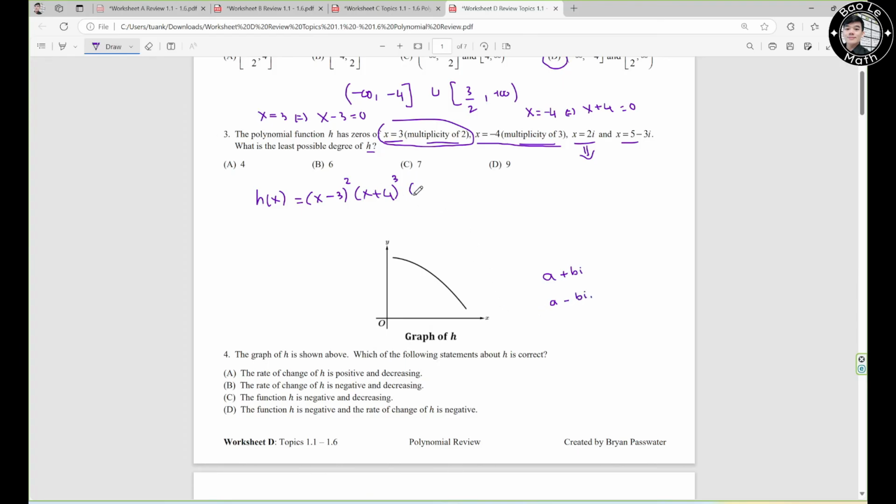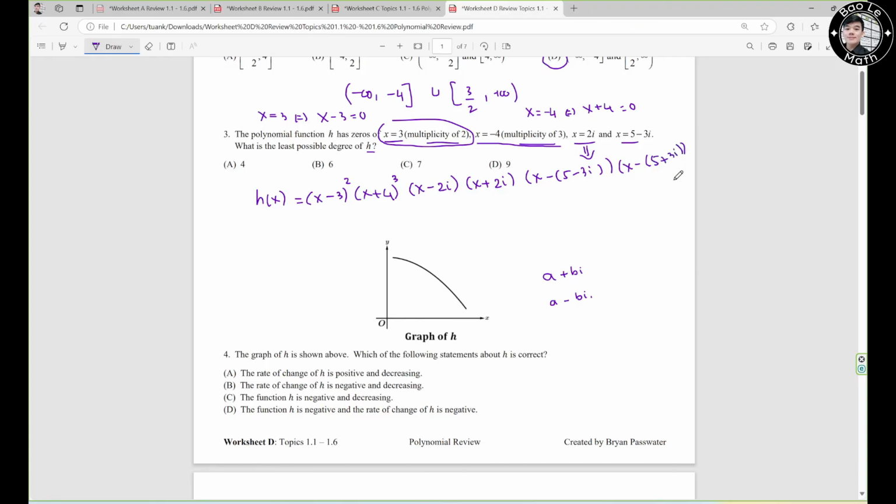So we have s minus 2i, and then the other one should be s plus 2i. And the last one is the same thing, s minus 5 minus 3i, and s minus 5 plus 3i.